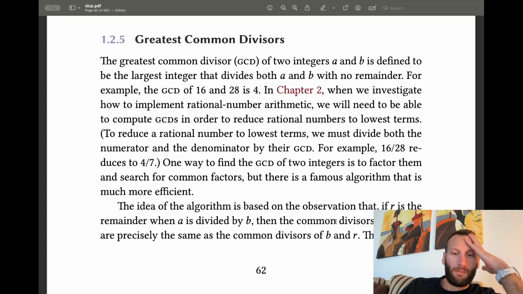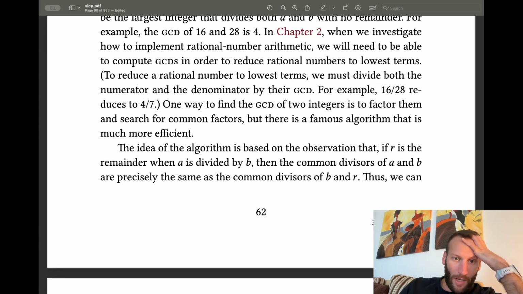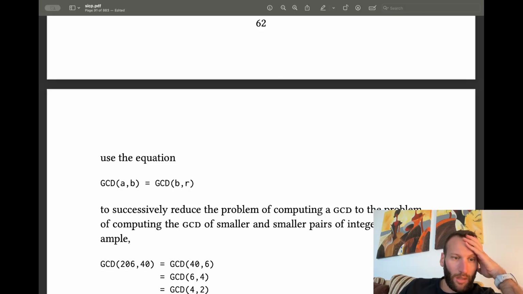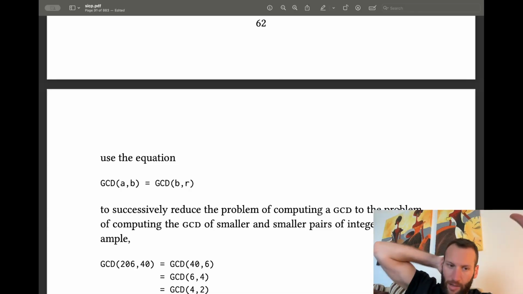The idea of the algorithm is based on the observation that if R is the remainder when A is divided by B, then the common divisors of A and B are precisely the same as the common divisors of B and R. Thus, we can use the equation saying that the greatest common divisor of A and B is the same as the greatest common divisor of B and R.